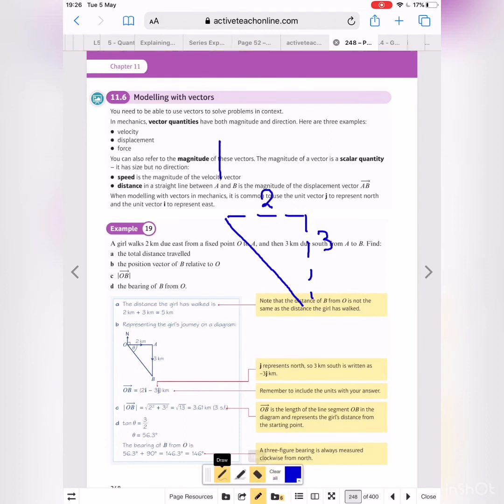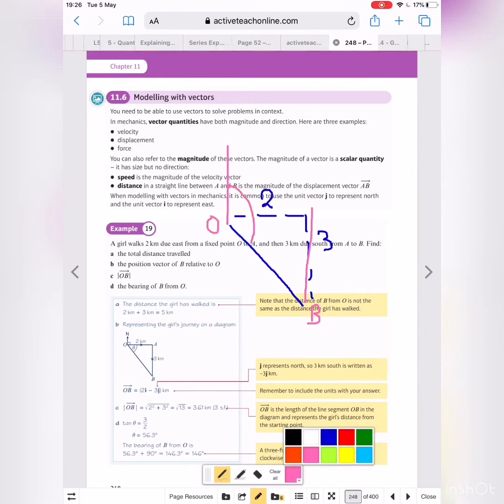So I'm going to do that in another colour so that we can see it a bit clearer. So our north line is there, and our north line for that obviously is there. Okay, and it's asking us for the bearing of B, remember B's here, from O. So we need all of this.